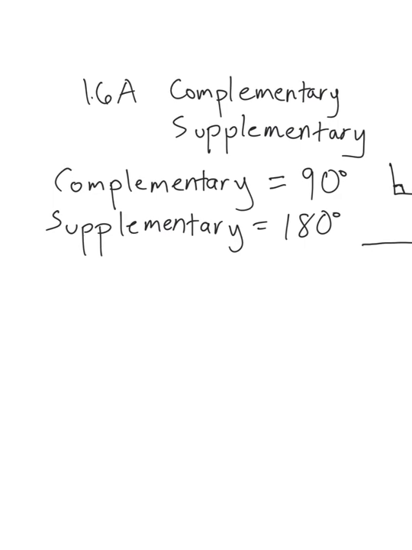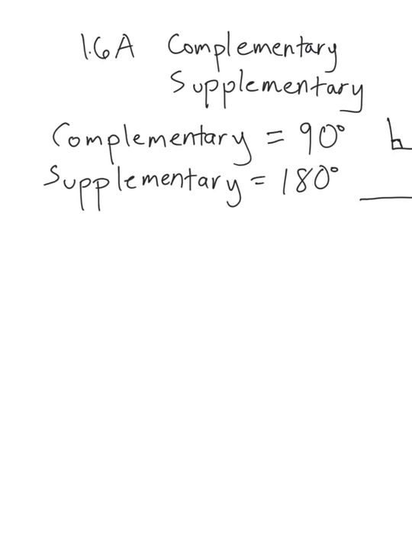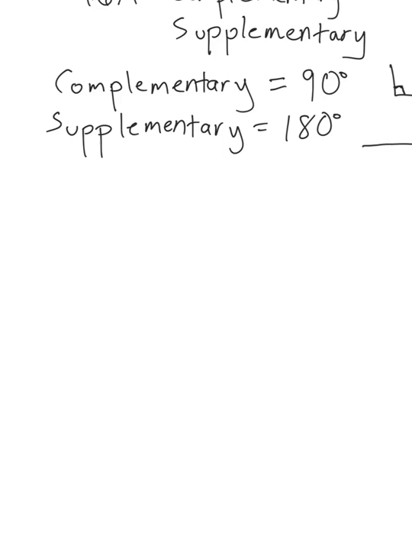The best way that I have remembered this is that C comes before S, so C has to be smaller, so C is 90 degrees. S comes after C, so S has to be bigger. S has to be 180 degrees.